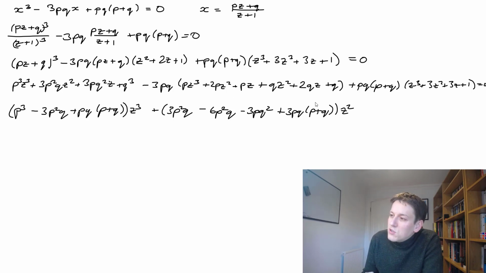It's important here to make sure we check that. We know from the answer that this z squared term is going to be equal to 0, but it's very important for our working that we check that.